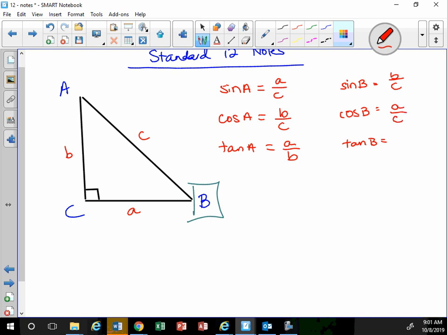A over C, and the tangent, B over A. We'll talk a lot more later about the connection between the sine of A and the cosine of B, but it's all the same three sides, just in different ratios. So that's just a review of SOHCAHTOA. We'll do a lot more with that later.